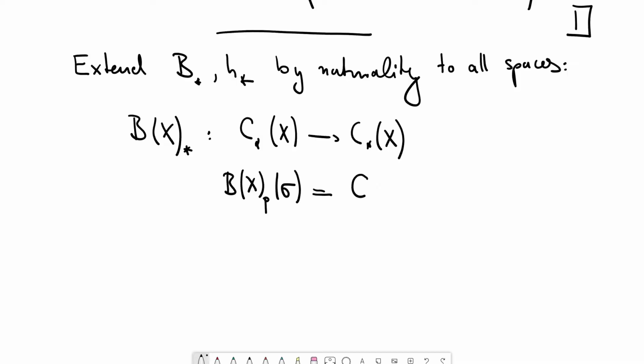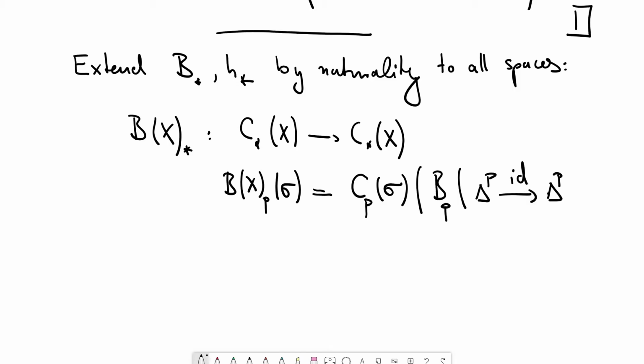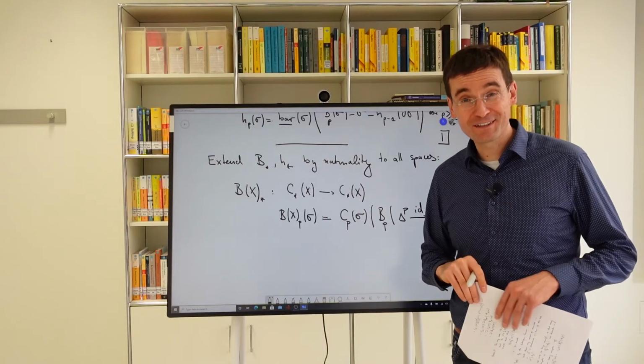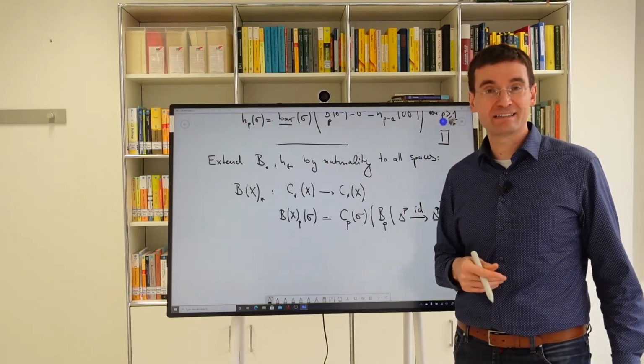So let me first write it down and then discuss it a bit further. Usually we write induced maps by F star on the singular chain complex, but now it's really good to be extremely precise. So let's look at the induced map by sigma and apply it to B_P of the identity of delta P. The surprising, or maybe confusing, thing about this is that sigma has a double meaning now.